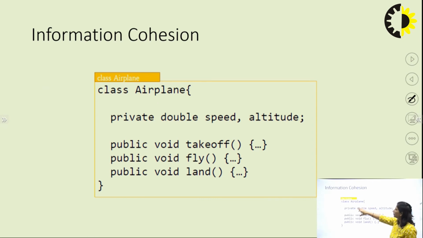Here is an example of informational cohesion. There is an airplane with some private values. We have given 3 functions: takeoff, fly and land. If takeoff is there, then the fly function must be used, and if flying is there, then land will also be called. So all the functions will be called.